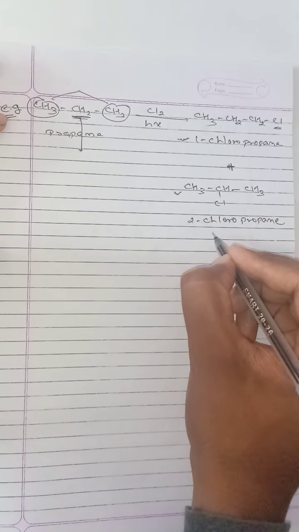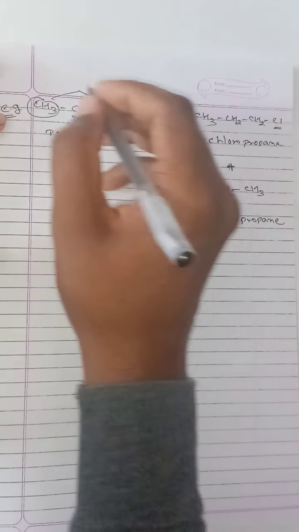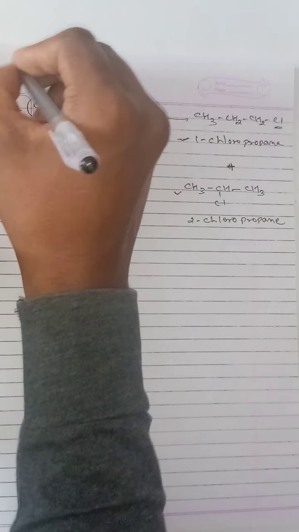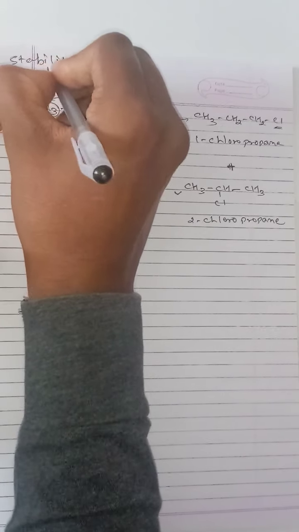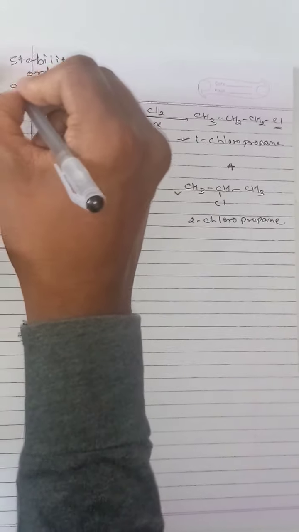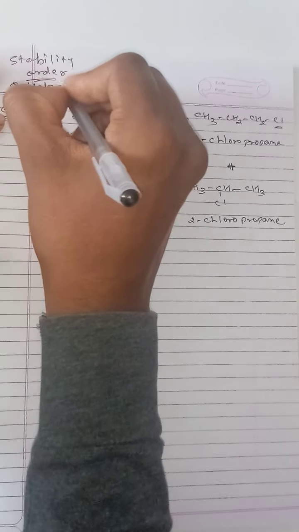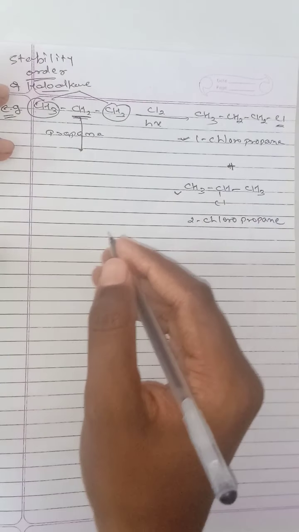So to identify the major product or minor product, we need to remember the stability order of the free radical.